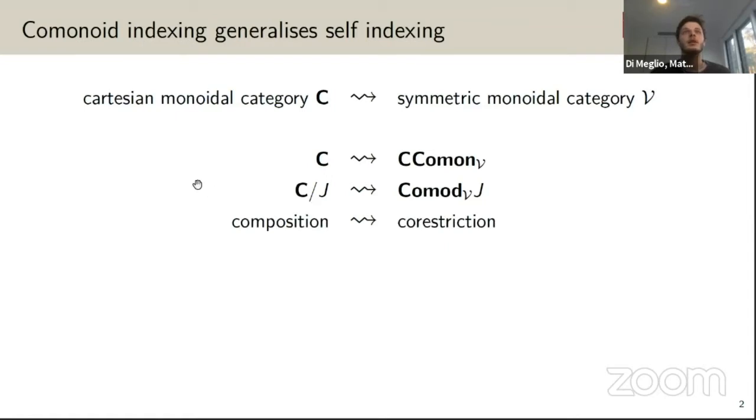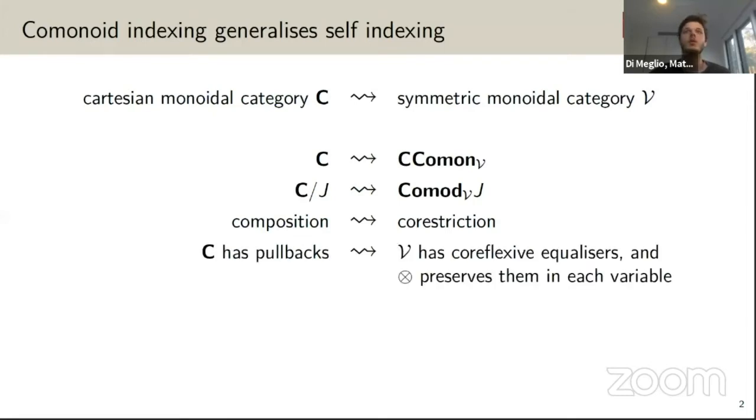So in the Cartesian case, index sums are given by composition with morphisms in C. So if I have a morphism in C from J to K and an object over J, then the index sum composes that object over J with the morphism to give you an object over K. Now, the appropriate notion in the monoidal case is this notion of co-restriction, which just plugs in your comonoid morphism into the coaction in the appropriate position.